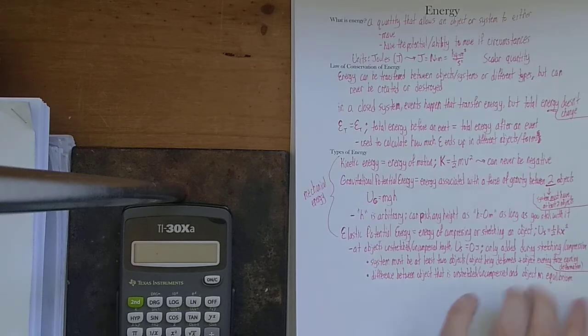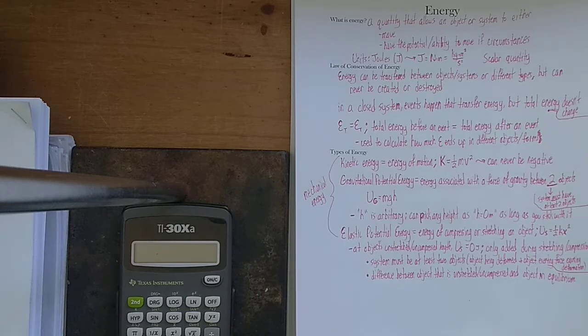There's a big difference between those two. An object that's in equilibrium is not necessarily unstretched or uncompressed. Think about a mass hanging from a slinky. That mass has changed the length of the slinky, but if it's just hanging there, it could be in equilibrium. So saying something's equilibrium length is not necessarily the same thing as saying it's unstretched length, and that's a key difference between the two terms that you have to be aware of.